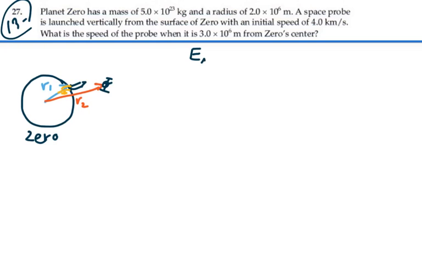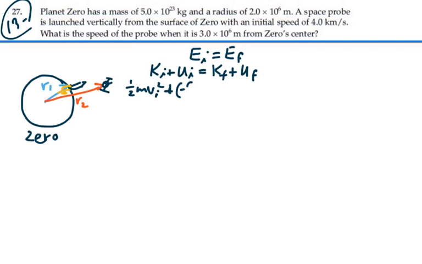Our initial energy will equal our final energy. That means our initial kinetic energy plus our initial potential energy will equal our final kinetic energy plus our final potential energy. And we have then that 1/2 mass times our initial velocity squared as we launch, plus our gravitational potential energy, which is a negative GMm over the distance between these masses, which would be r1.